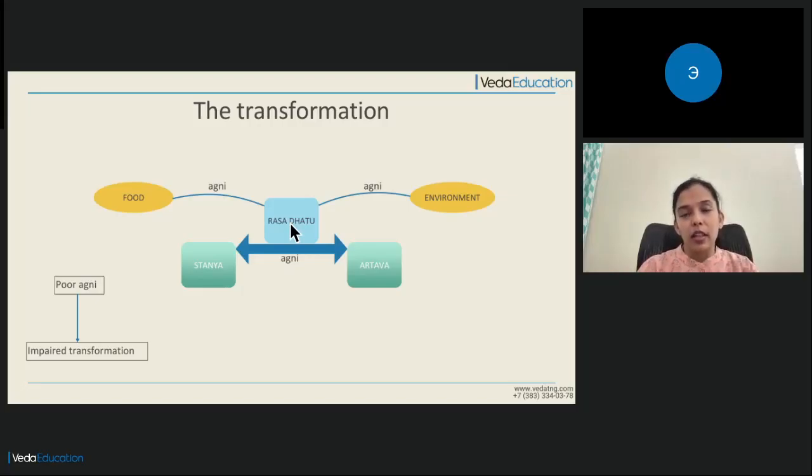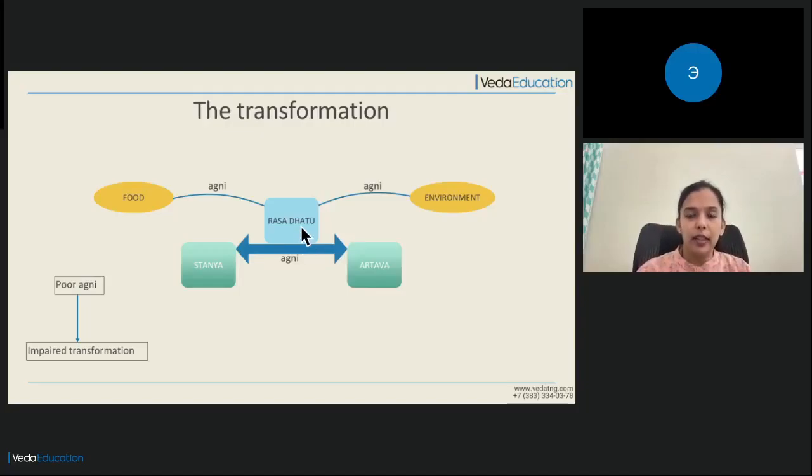And rasa, along with many other functions, also contributes to two main areas. Both these areas are related to a woman's system. One is the menstrual system, that is Artava, and the other one is Stanya, that is, it goes to the breast. When it is time to produce breast milk, it produces breast milk. In the rest of the times, it maintains the health of the breast.